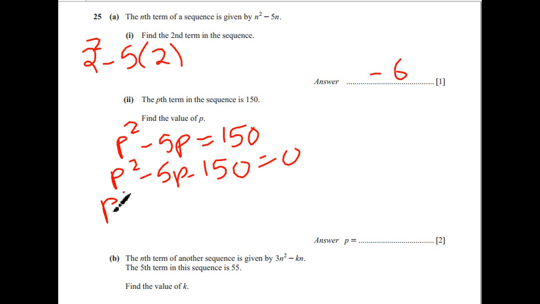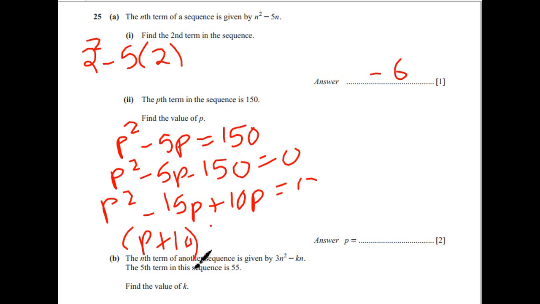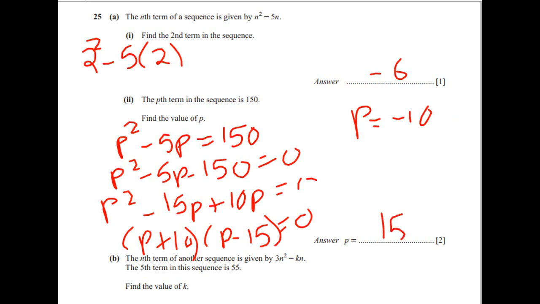So we get p squared minus 15p plus 10p is equal to 0. I'm writing the second last step, which is p plus 10 and p minus 15 is equal to 0. P can't be equal to minus 10 because it's the number of the term. The pth term can't be minus 10, it has to be a positive number, so the answer is 15.